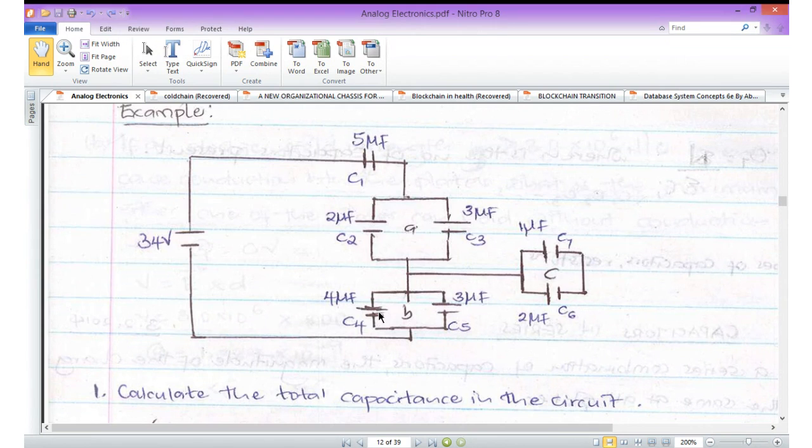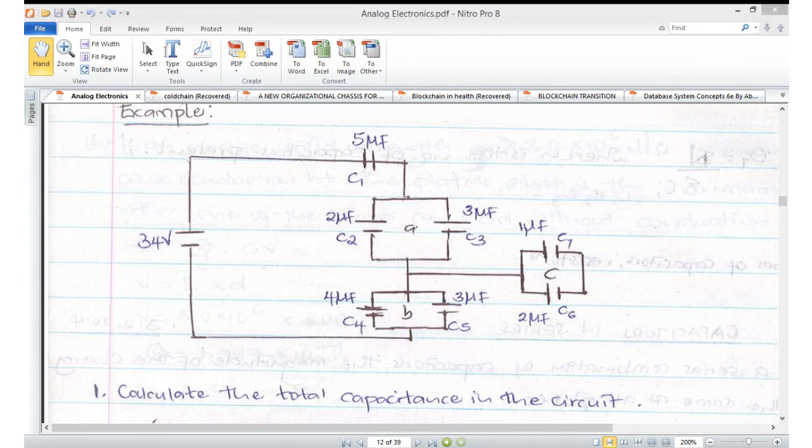You can as well rearrange it so that you have smaller circuits, just the same way it has been identified in the diagram, where we have A, B, and C circuits, those smaller circuits that you can handle. If you want to compute the total capacitance in this circuit, based on the formula that has been derived previously, we know what you do when capacitors are in series, and what we do when capacitors are in parallel from the previous video.